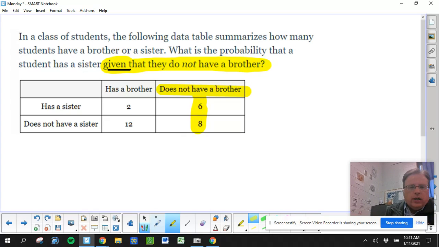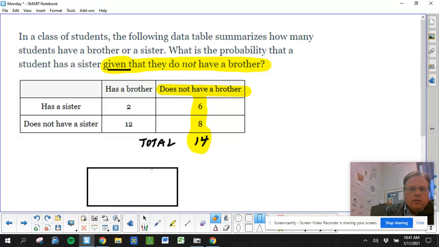There are 6 and 8 people for a total of 14 people who do not have a brother. I'm only looking at those 14 people. So it's like I have the whole class here, right? Big class, but I'm only looking at a little part of that class.